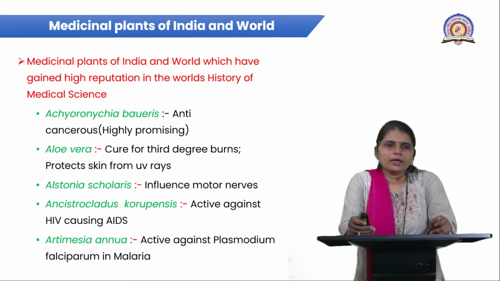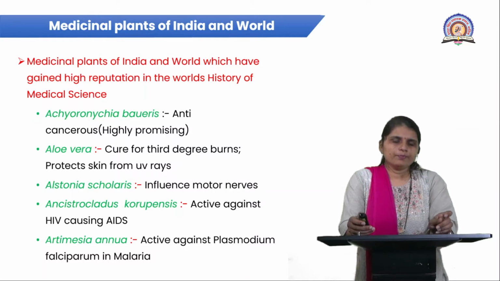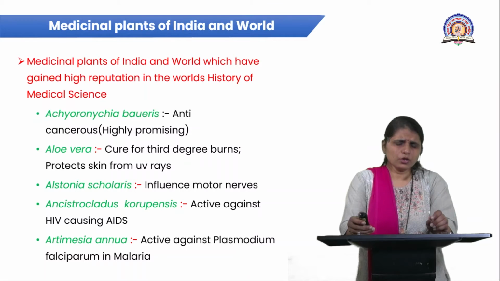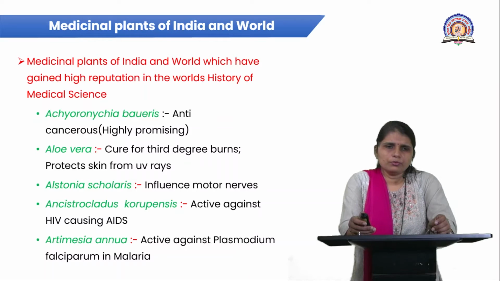Then Artemisia annua is used as medicine, active against Plasmodium falciparum in malaria disease. There is a long list of these medicinal plants, but you have some examples of these medicinal plants.